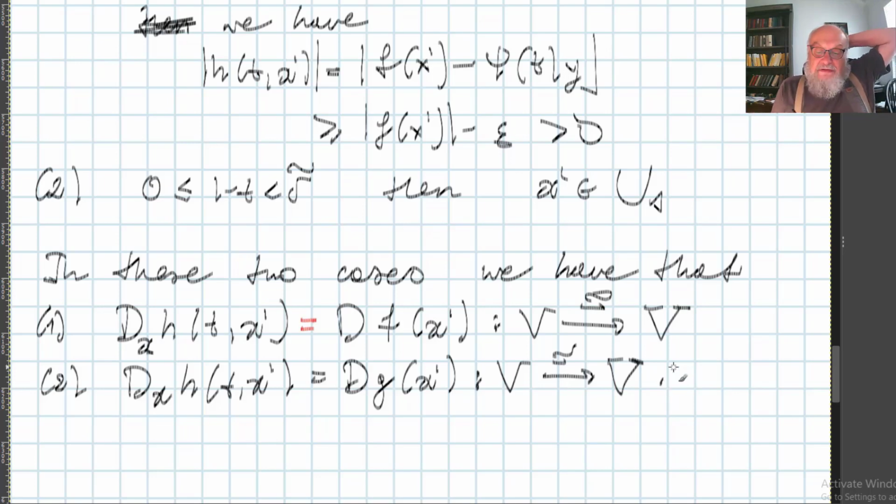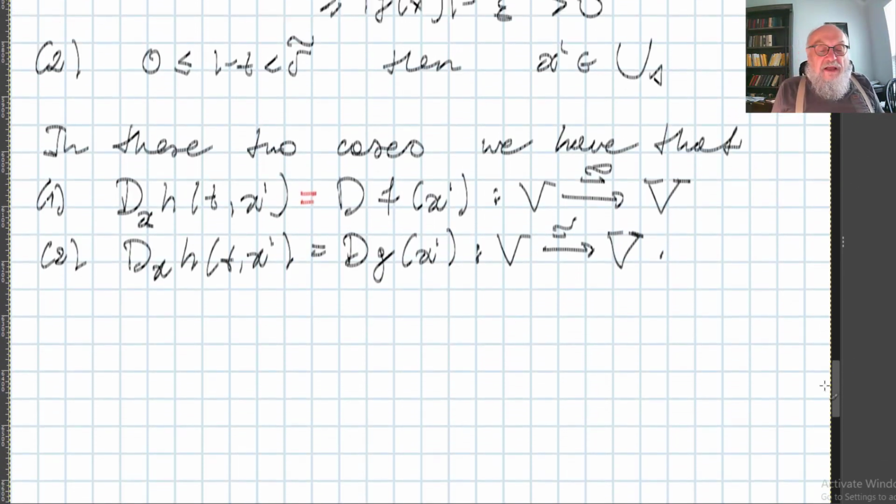Again, it's an isomorphism, and if it's an isomorphism, that means the derivative of h is actually surjective, because the partial derivative is already an isomorphism. So this implies clearly that in these two cases, every point from this set is a regular point of h.